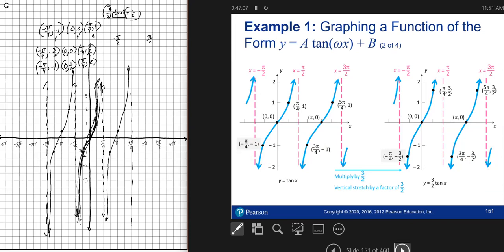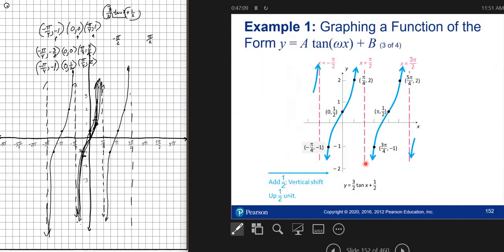And then we add 1/2 to each of those y values to get these, which I did here. I did the transformations here. I didn't necessarily have to graph them. So if you show me the transformations this way, and then you graph the final result, I'm fine with it. So you start with the key points, look at what happens with the key points, and then graph it appropriately.